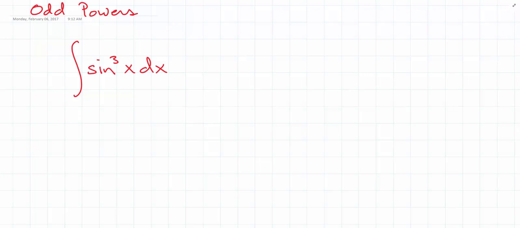Well, now we're not going to use the power reducing formula, although we could call it sine squared x times sine x, and there we have an even power, but that's not going to help us too much if we tried to use the power reducing formula. However, we could split it up. I could split this up and take a different approach.